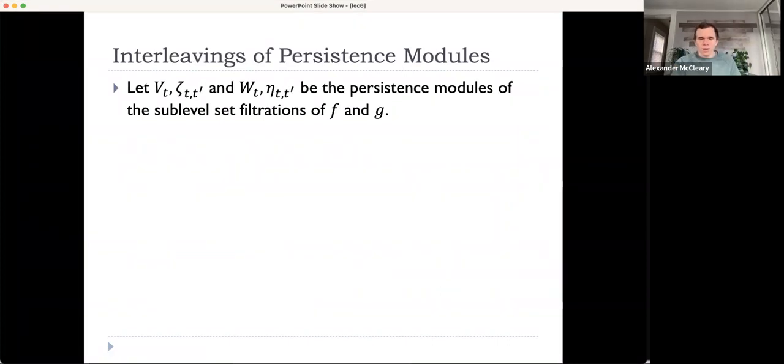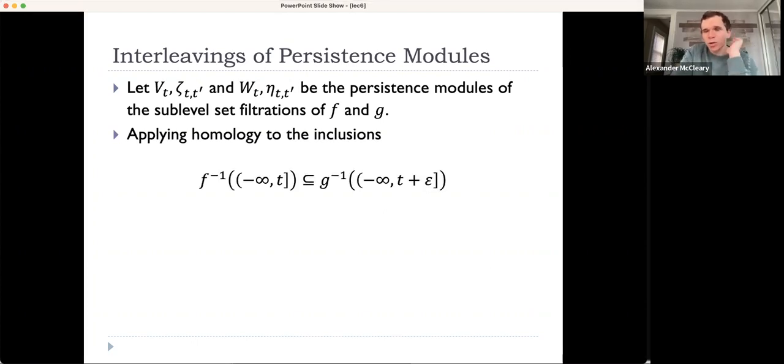So we can do the same thing we did with filtrations earlier, apply homology, and we'll get persistence modules. We're going to call the persistence module for f V_t, and the persistence module for g W_t.